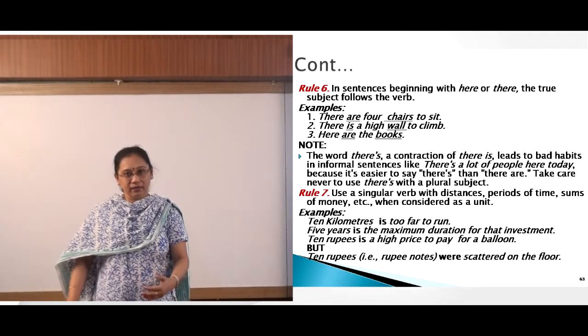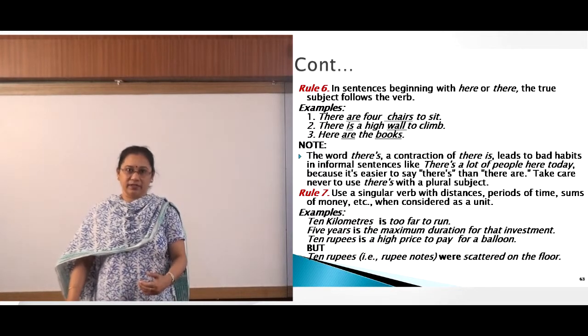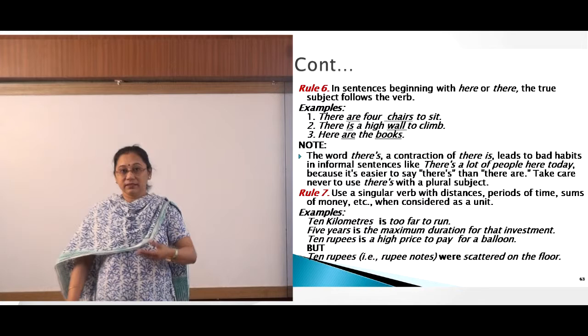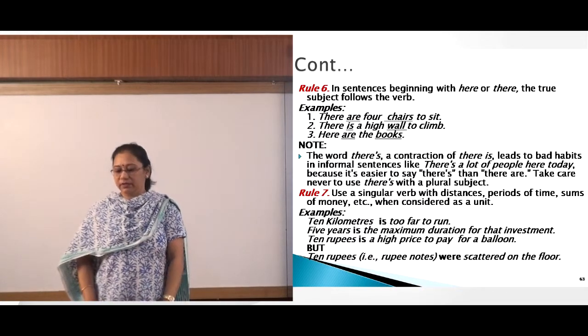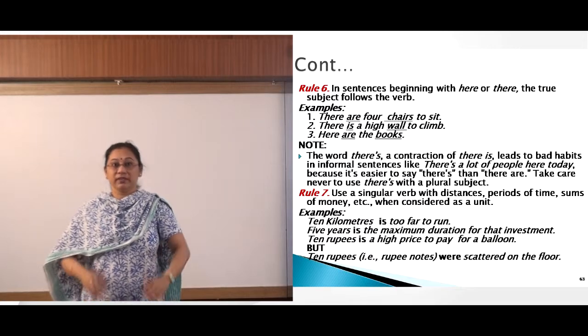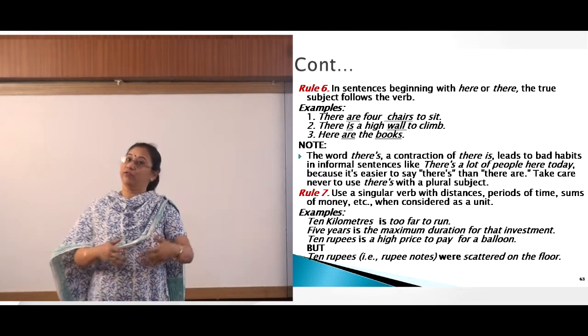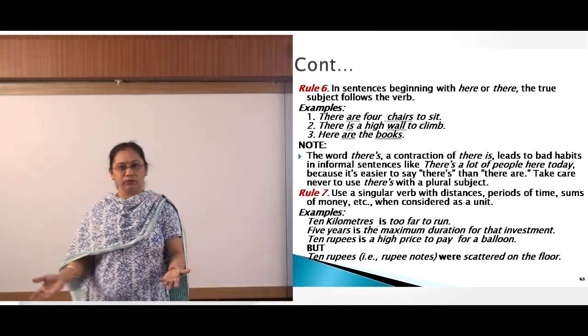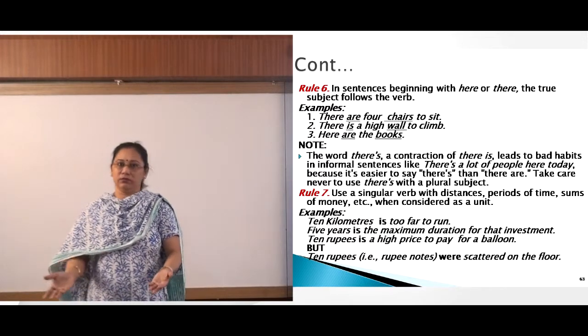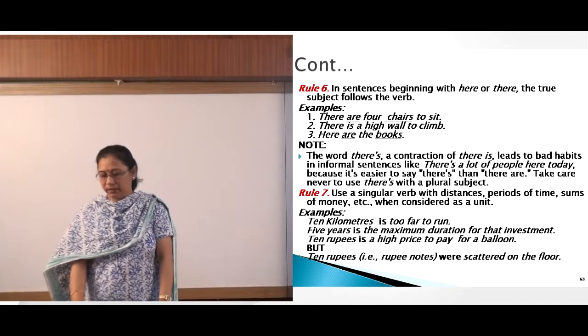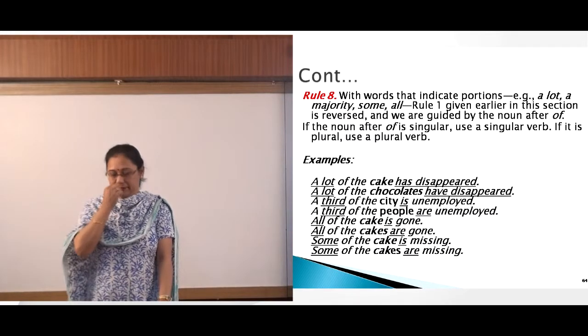But again, look at the last sentence that I have there. 10 rupees, that is 10 rupee notes. There are 10 rupee notes which were scattered on the floor. So, there were 10 rupee notes. There could have been 10 5-rupee notes also which were scattered on the floor, which means that a number of 5 rupee notes were scattered on the floor. Is that clear? Let us move on to rule 8.